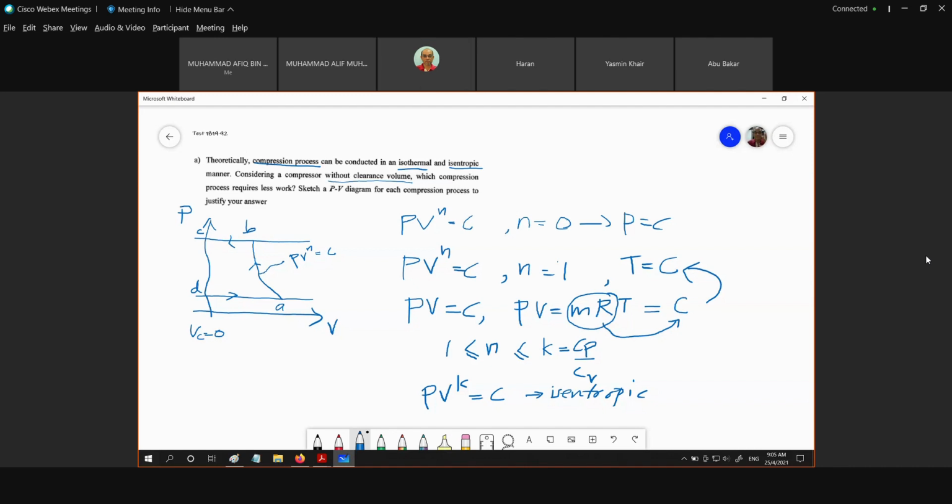Kalau untuk udara, K value ni is 1.4 tau. Kalau untuk udara, this is our limitation. Anybody? What does this N represent actually?